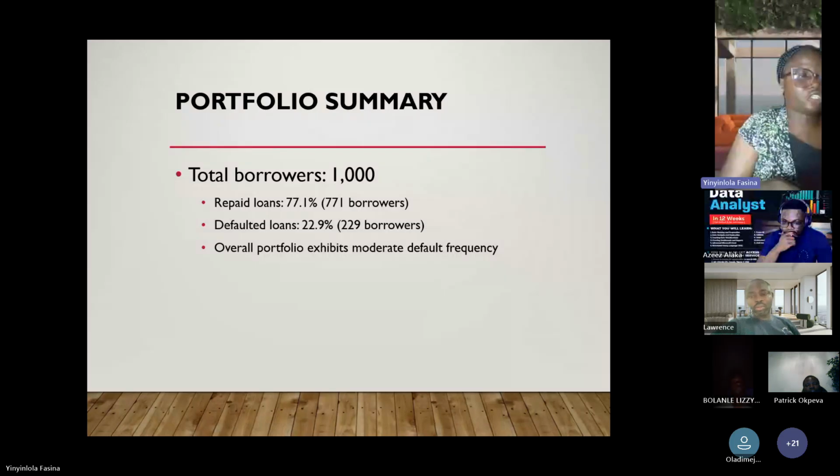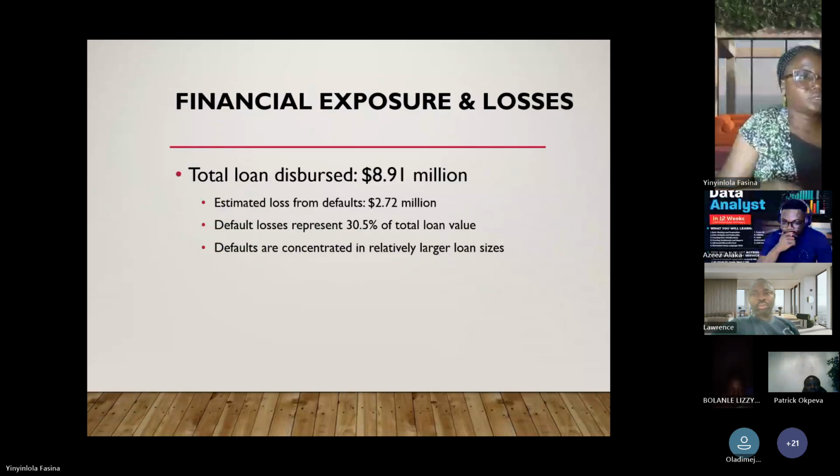So the overall portfolio exhibits moderate default frequency. For the financial exposure and losses, the total loan disbursed is $8.91 million, and the estimated loss from default is $2.72 million. The default losses represent 30.5% of the total loan value, and defaults are concentrated in relatively larger loan sizes.